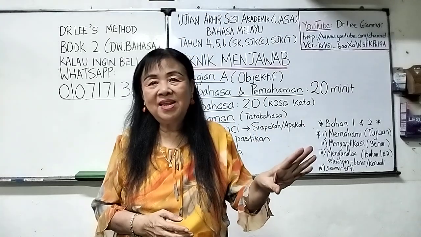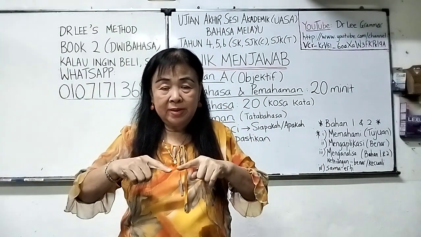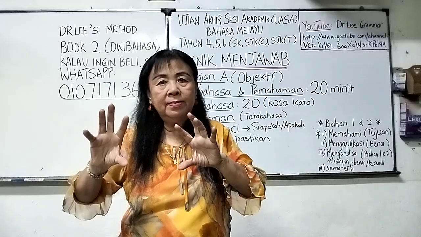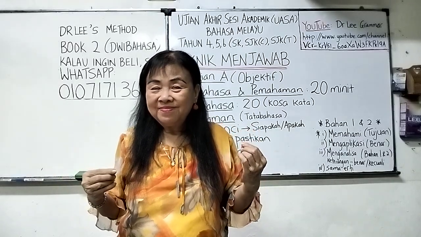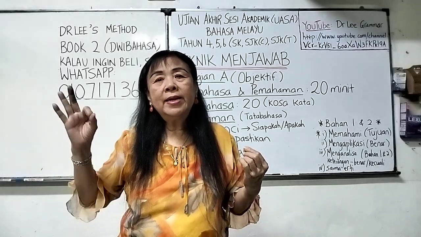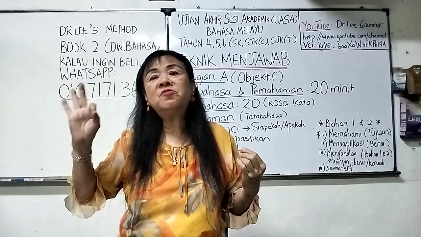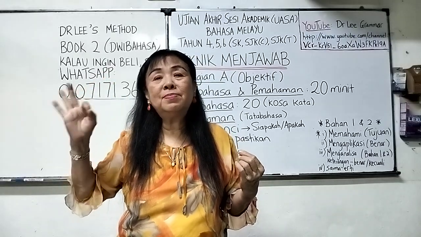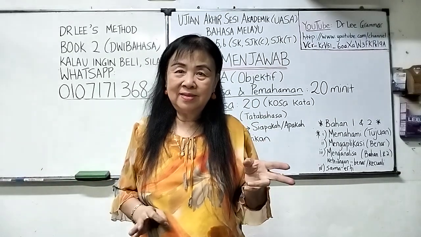One word has many meanings. Let us say bentuk. Bentuk means shape, like triangle, circle, rectangle. But bentuk has another meaning, like sebentuk cincin, one ring. So the penjodoh bilangan for ring is sebentuk cincin. So bentuk has 2 meanings.